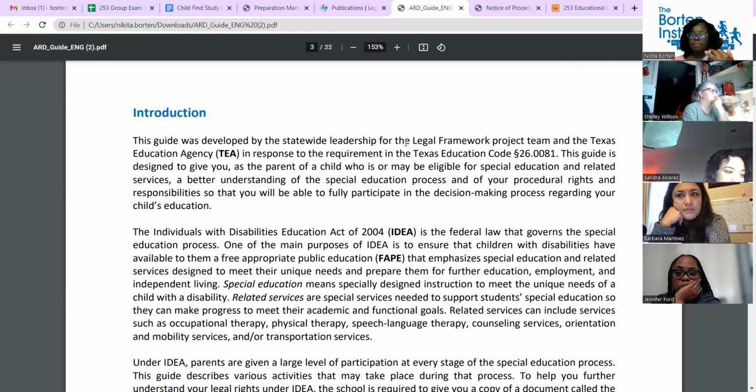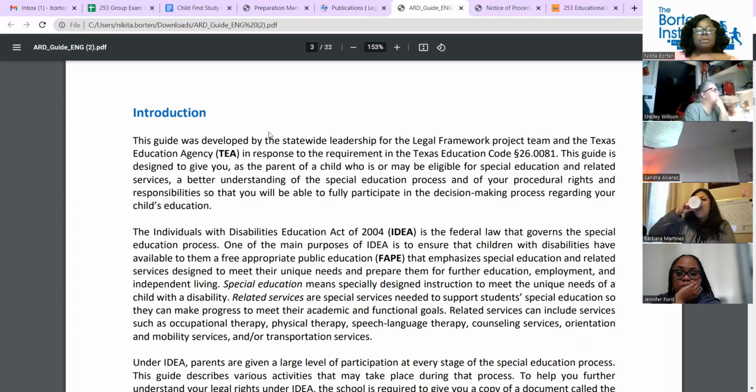This is a great place for you to start to get a clear foundational understanding of what is said in this booklet. Then you go back to the legal framework and read it there so that you have the terminology and the vocabulary needed to go through your exam and be able to write about it in your constructed response.